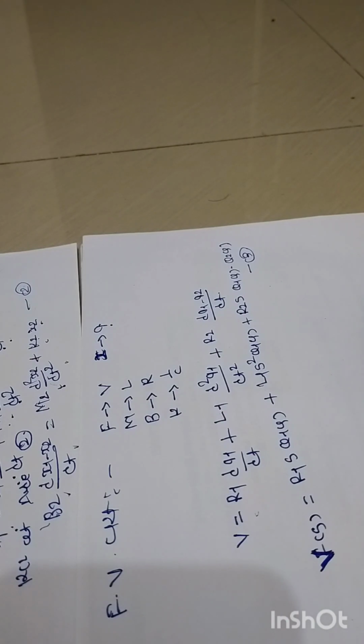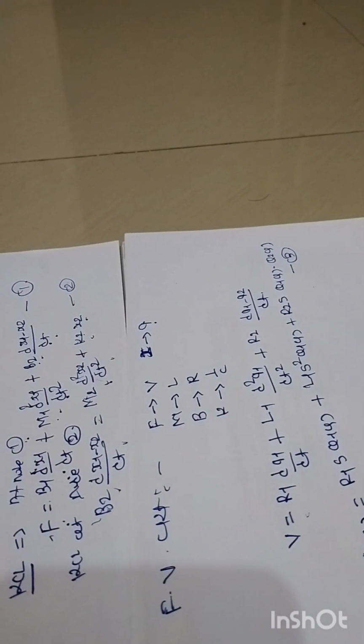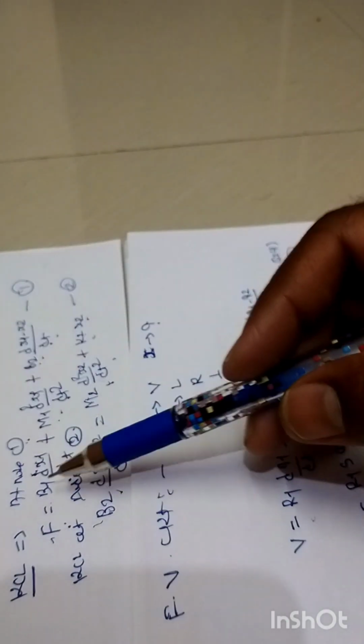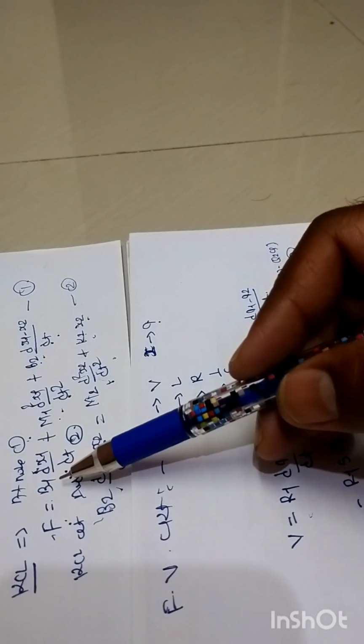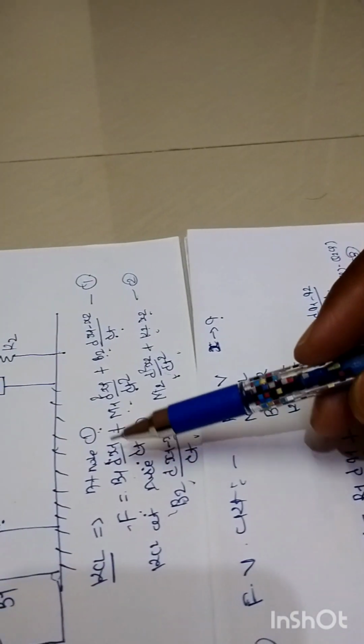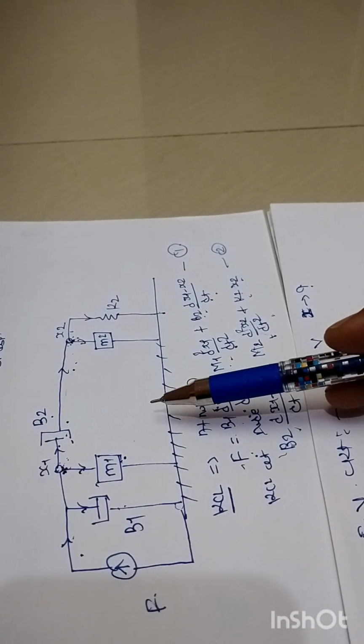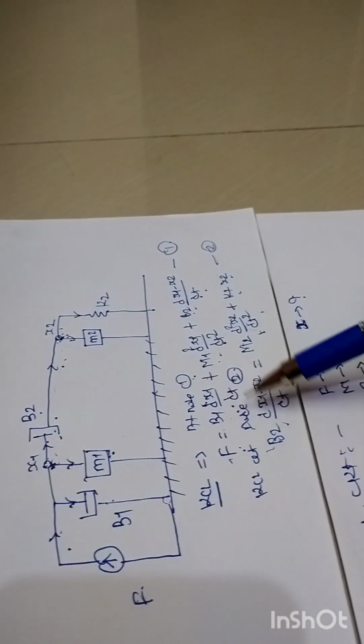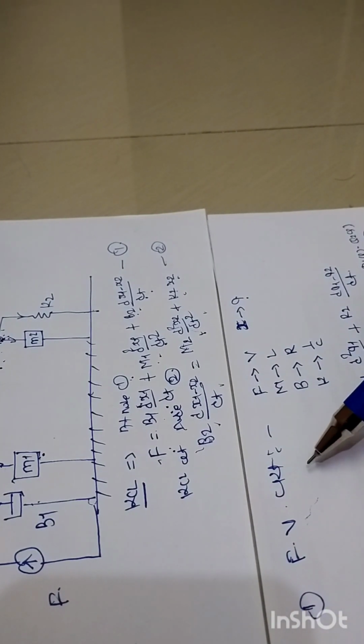What kind of manipulations are to be done in equation number 1? This equation number 1 is the time domain representation, declared from the nodal equivalent diagram. After that, we need to draw the force voltage analogous circuit.